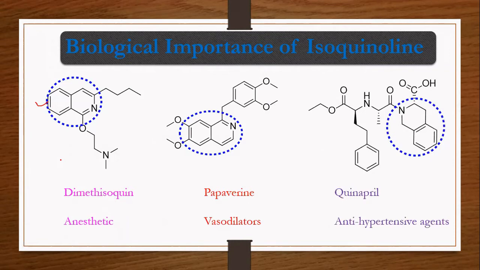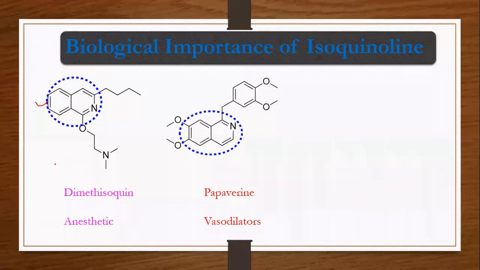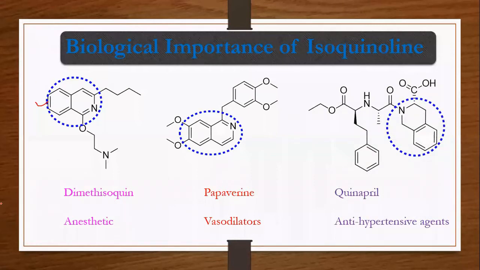Another is quinapril, which is anti-hypertensive agent. Thus, in all, you observe there is a presence of heterocyclic systems and which is responsible for the biological activity. Thus, its study becomes an important part.